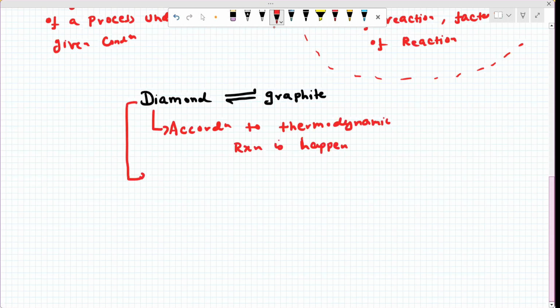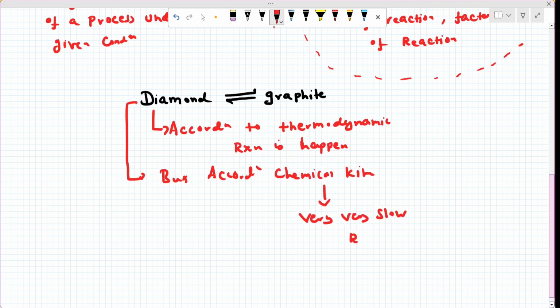But according to chemical kinetics, it is a very slow reaction. It means what? It does not proceed at all. You got the point?